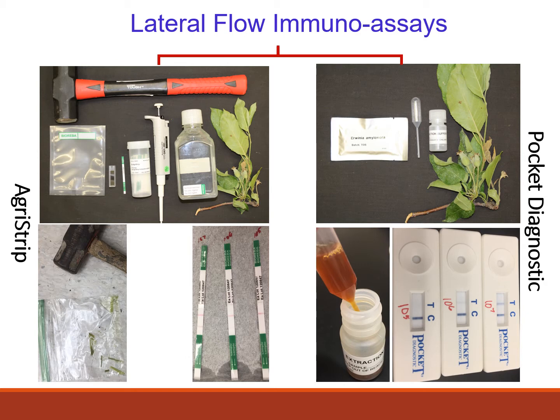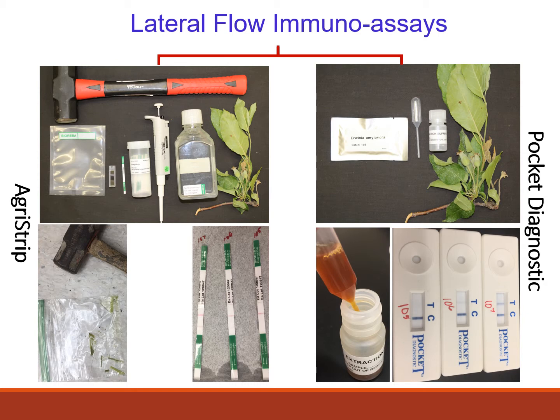And after crushing the sample, you take this sample or liquid, and either you put it in a cup and put the AgriStrip, the actual strip, into the cup, or you take a dropper and take the liquid and put 1 or 2 drops of the liquid into this hole on this strip on right side from Pocket Diagnostic.